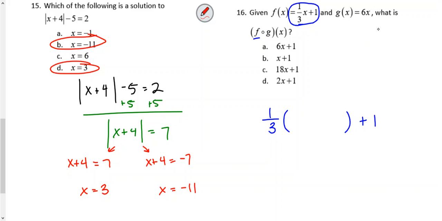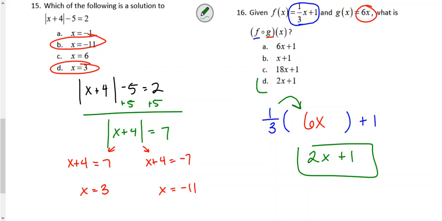Now inside the parentheses is going the second function, g, so 6x. That's your setup. Remember, we always simplify, so if we distribute 1/3 times 6 gives me 2x plus 1. So D would be my answer.